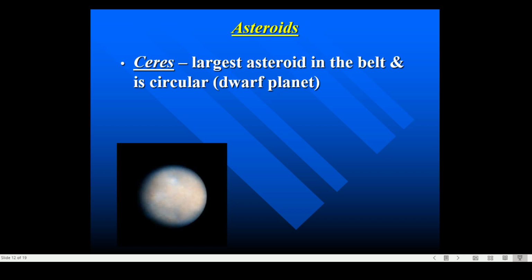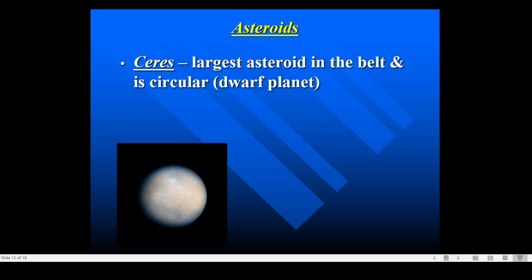All right, so now we're going to get into kind of a gray area here. So where do we stop calling it an asteroid and start calling it a dwarf planet? Ceres, much like Pluto, is a dwarf planet, but once upon a time we considered it an asteroid. But because of its round shape and the fact that it is relatively large compared to most other asteroids, we now consider it a dwarf planet.